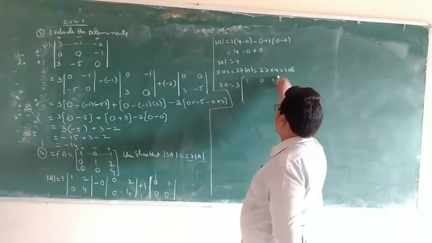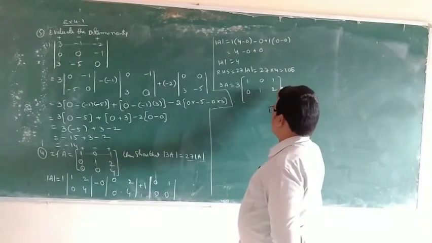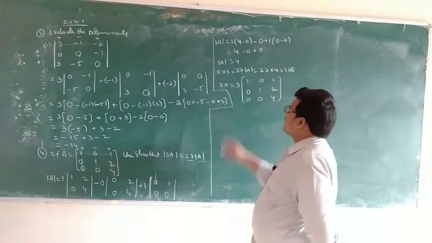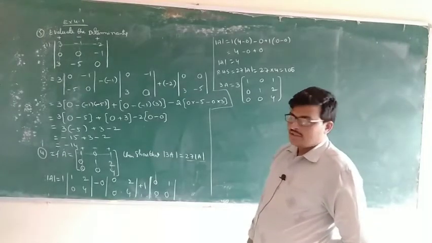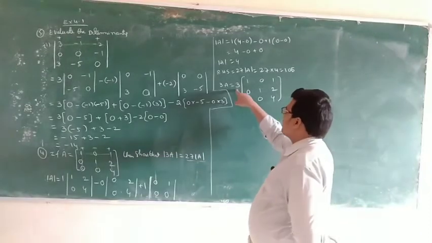The matrix is 1 0 1, 0 1 2, 0 0 4. This is a scalar multiple of a matrix, so multiply each element by 3.